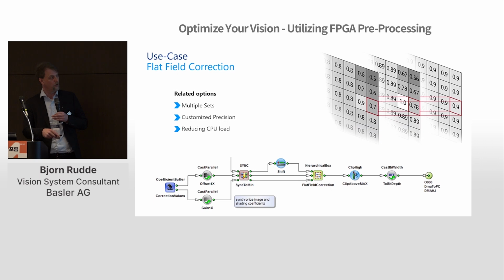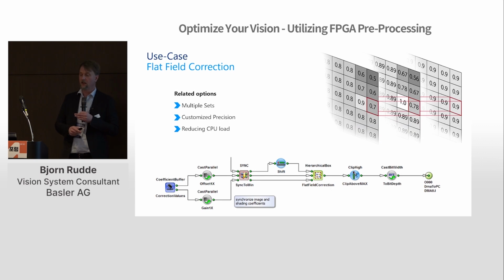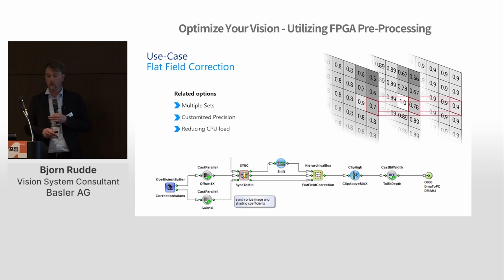Here you see how it would look in the FPGA. It's very easy to understand, very straightforward to implement, and you can change, together with us, exactly the pre-processing function you require for your application. You don't need to use the one that is existing in the hardware. You can do your own version of this.